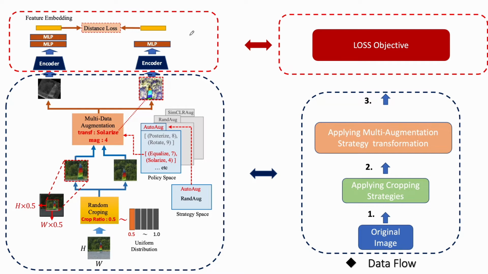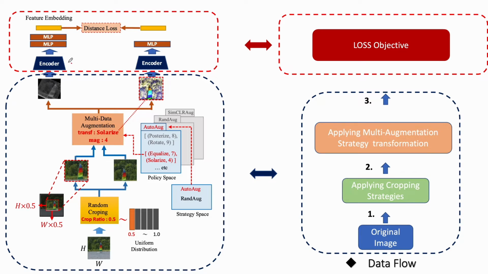In our framework, MA-SSRL is a self-supervised framework based on a joint embedding architecture. We can see two different branches here, and each branch contains a neural net architecture.